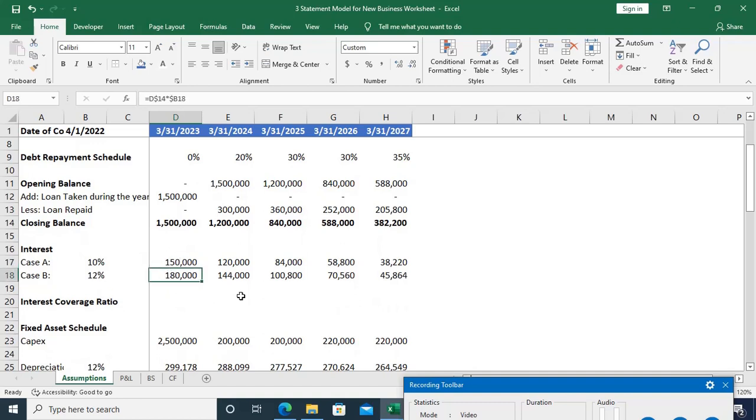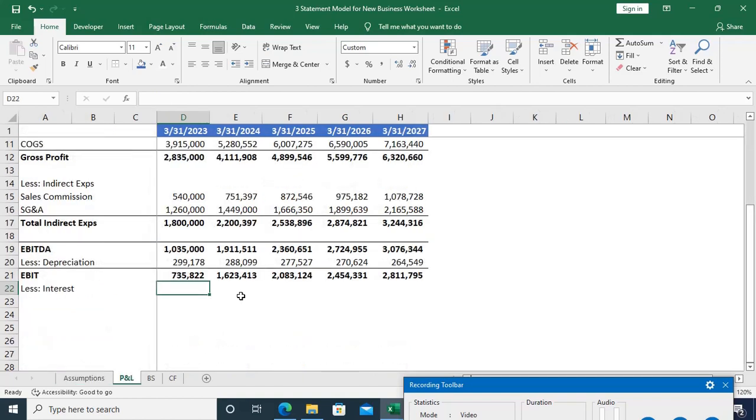So we had these two conditions here. The interest coverage ratio was what? It was 8.5x. So we now have to check whether this EBIT is enough for the 8.5x interest coverage ratio or not.